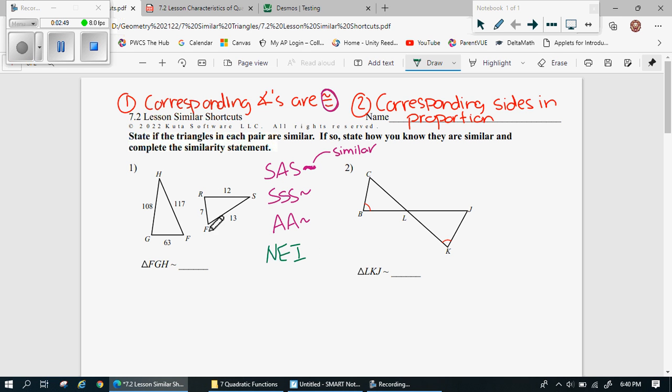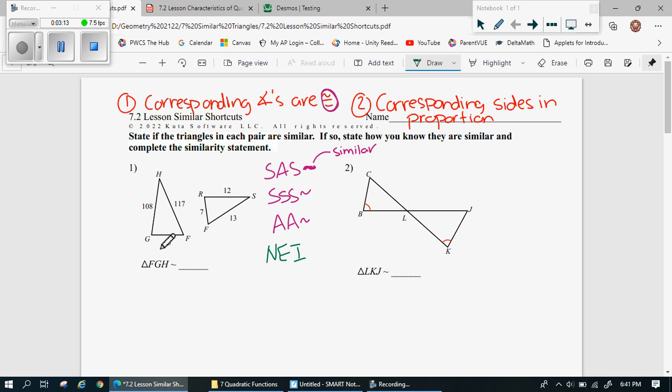So I want to see if these 2 triangles are similar, and I like to eliminate possibilities, just like I did with congruent triangles, and then check to see if the possibilities remaining work. I look at these 2 triangles and see that in each I have 3 sides labeled with a measure.